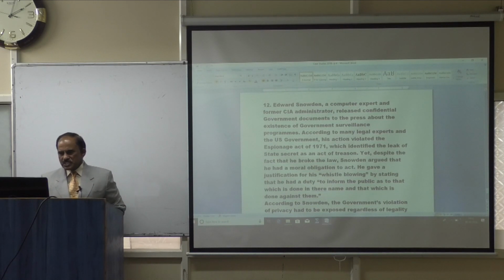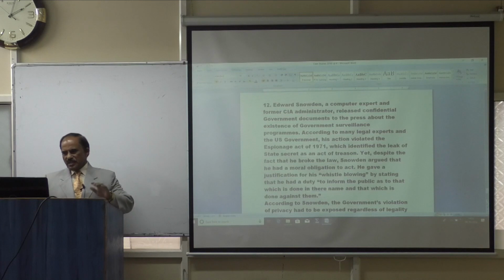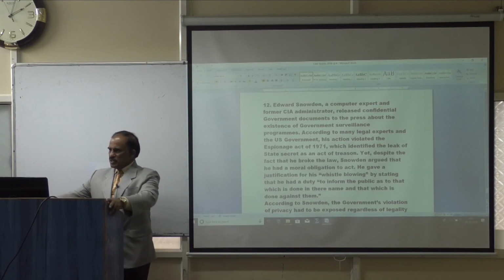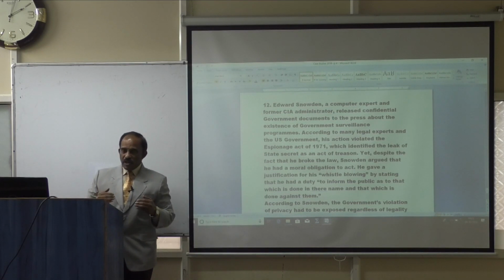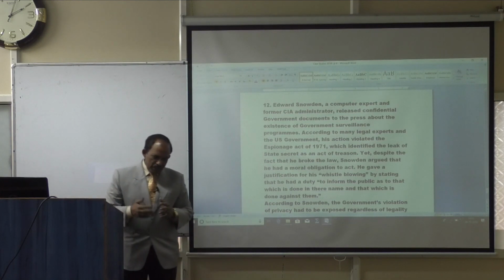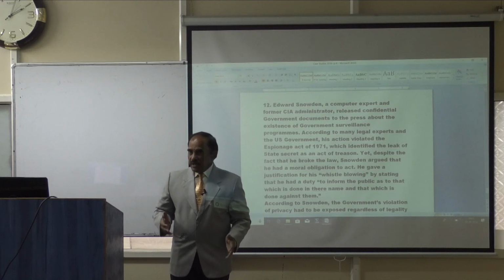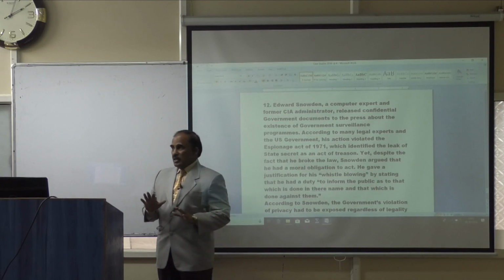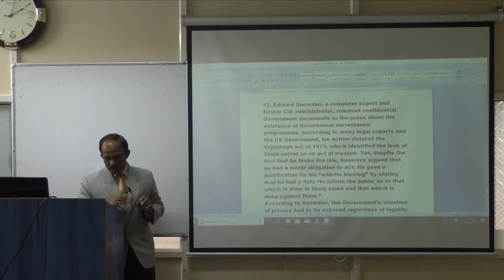He gave a justification for his whistleblowing activity by stating that he had a duty to inform the public as to that which is done in their name and that which is done against them. So he has taken a stand that whatever he had done was right, and it is for the sake of protecting the stakeholders.